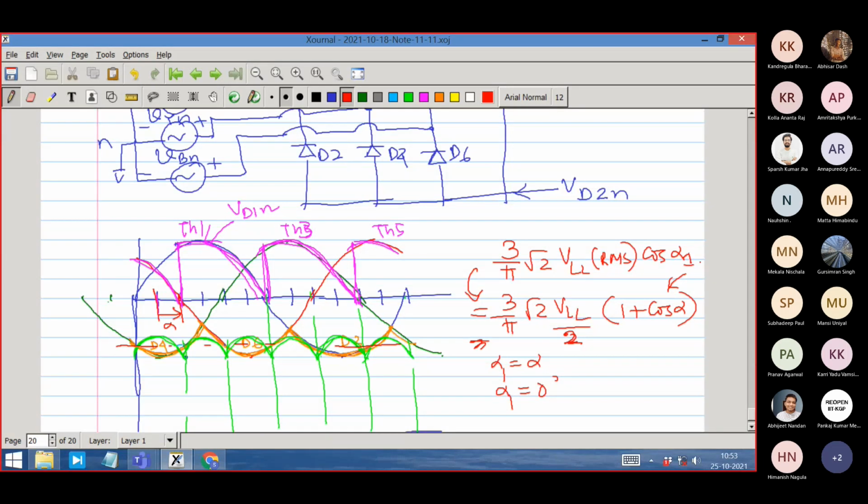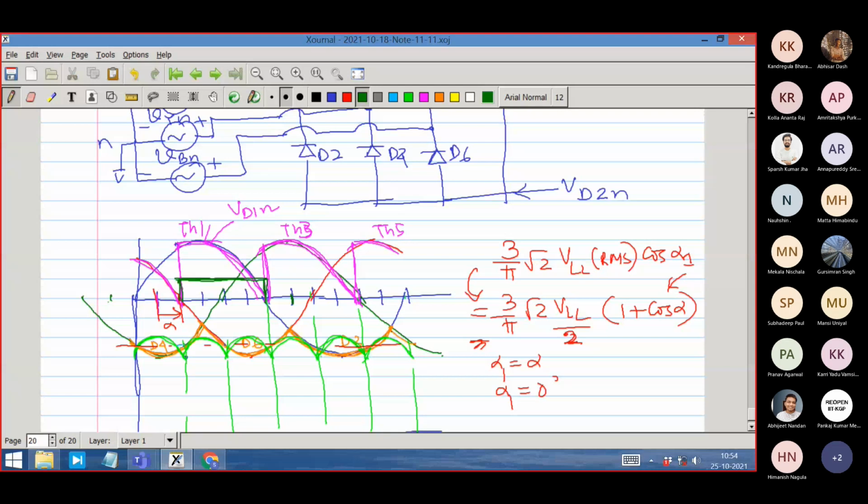Okay, and you can draw the current waveform also. Let's try the current waveform. TH1 is conducting, so I will get positive current here for 120 degrees, no doubt about it, right? Now I have to look at when I get negative current. So negative current will be coming in this portion.